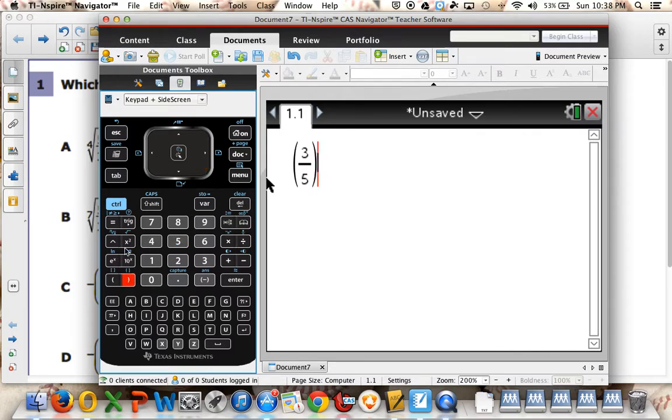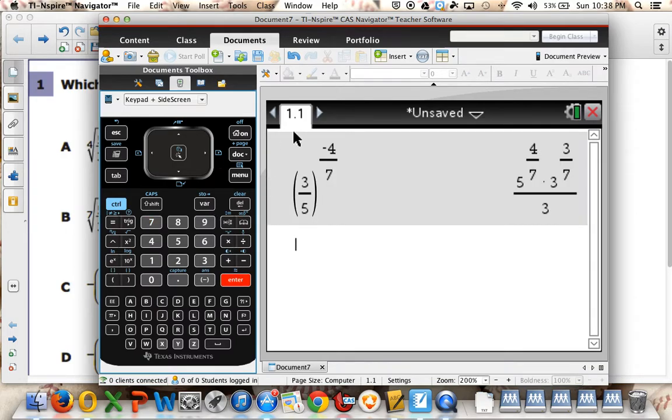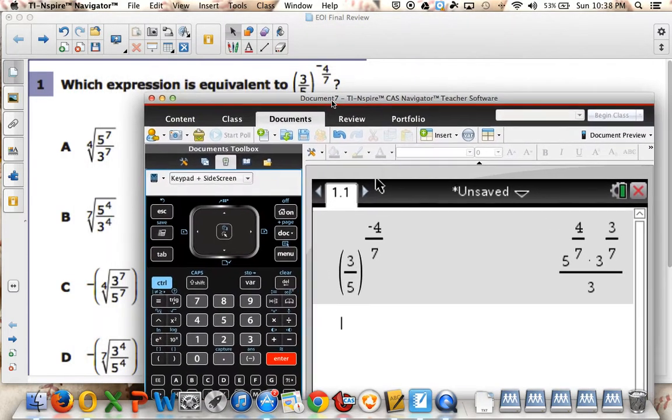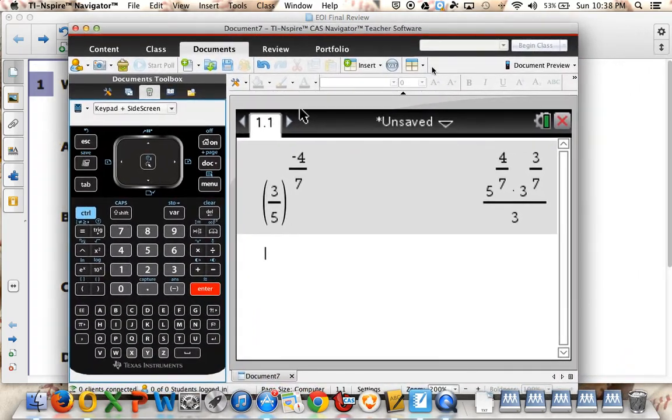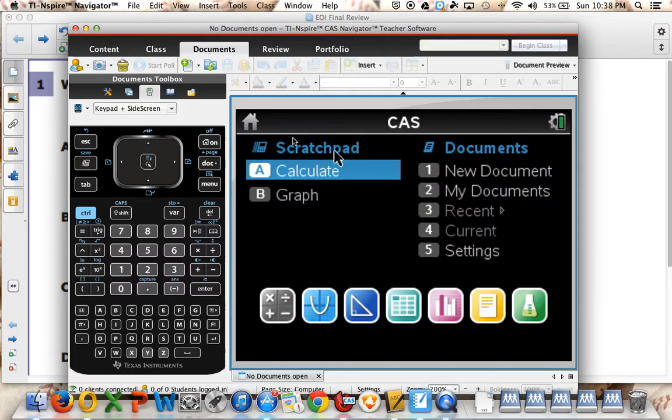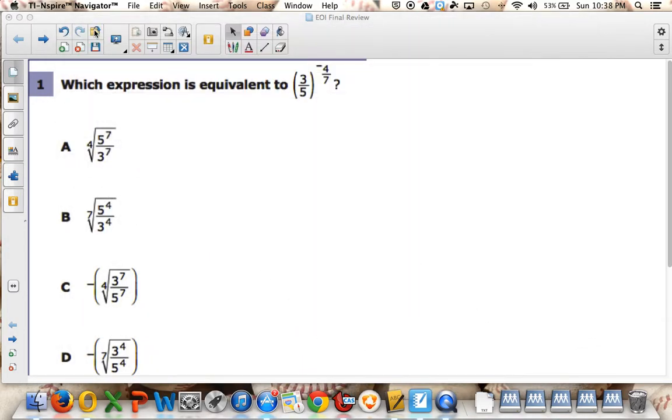Finish my parentheses, caret, and I'm going to raise it to the negative 4 divided by 7 power. That's pretty crazy looking right there. Since that doesn't really give me the answer I'm looking for, we're going to go back to the sheet.